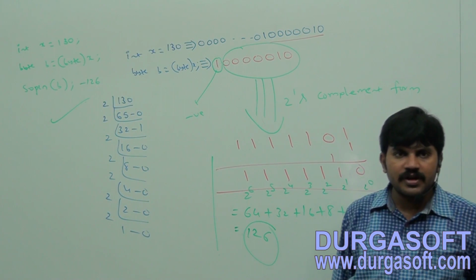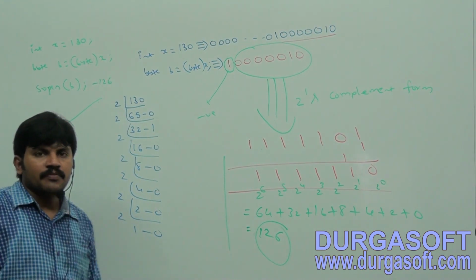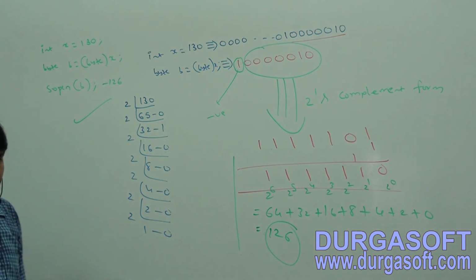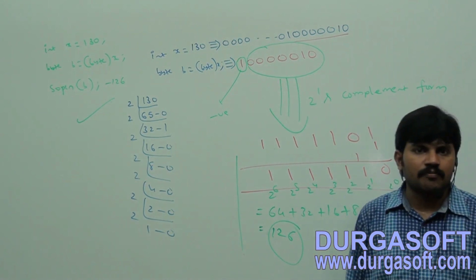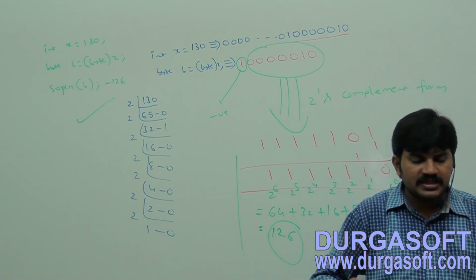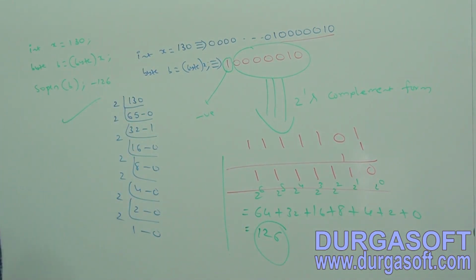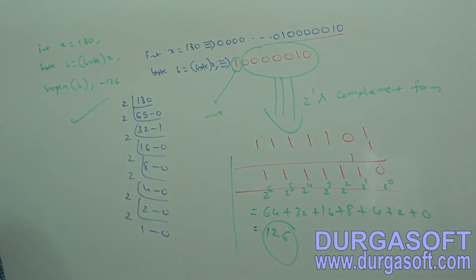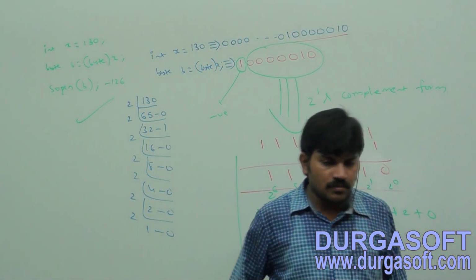Now, whenever we are assigning a bigger data type value to a smaller data type variable by explicit typecasting, the most significant bits will be lost.